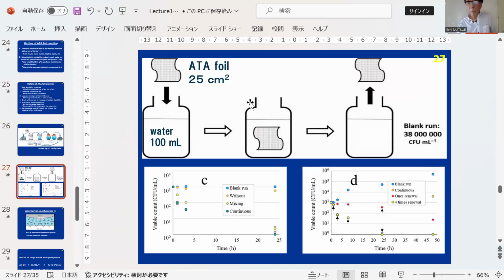These are the conditions of our experiment. Blue is the blank, increasing with time, and it is not linear. No renewal has less effect.